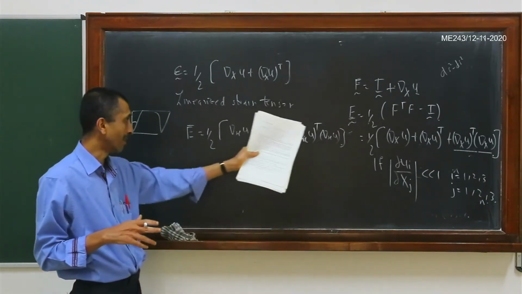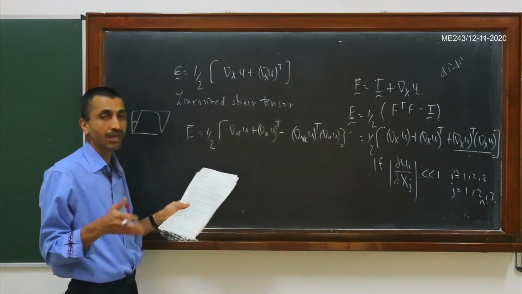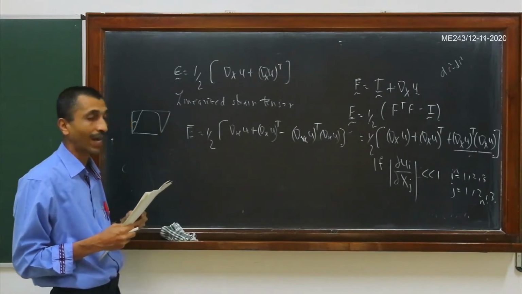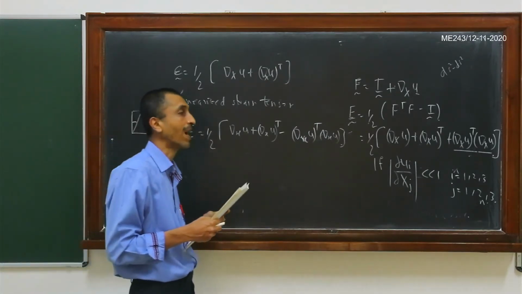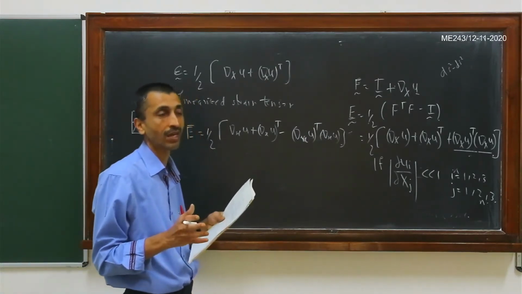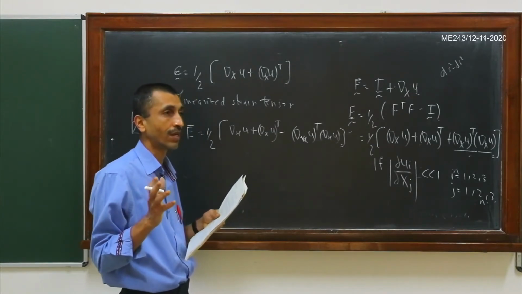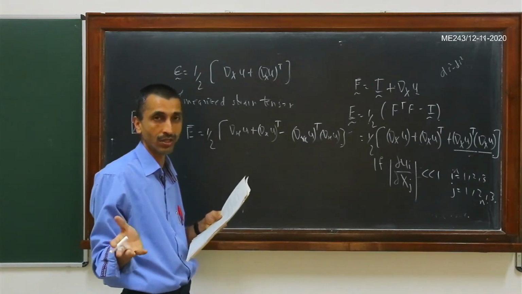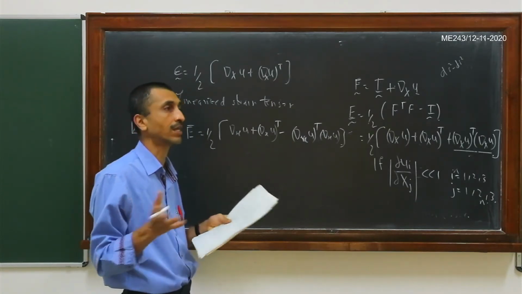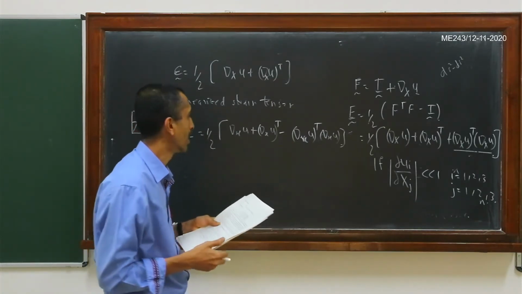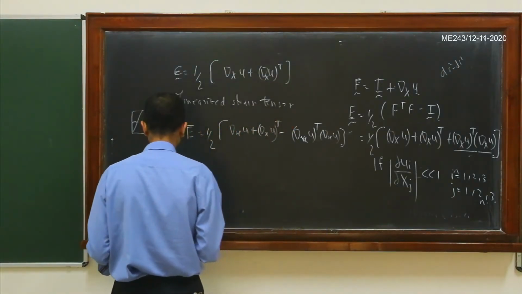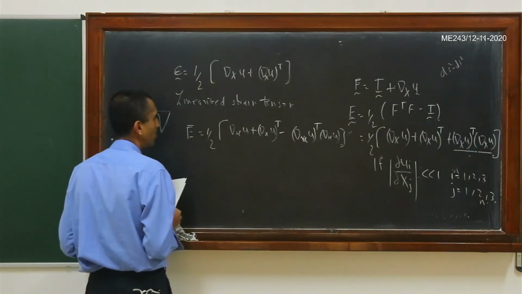Here we have defined only E and E bar, but similarly you can define an infinite number of strain measures. Any valid strain measure vanishes if the motion is rigid, and if the strain vanishes, then the motion is rigid. So it's an if and only if statement here.